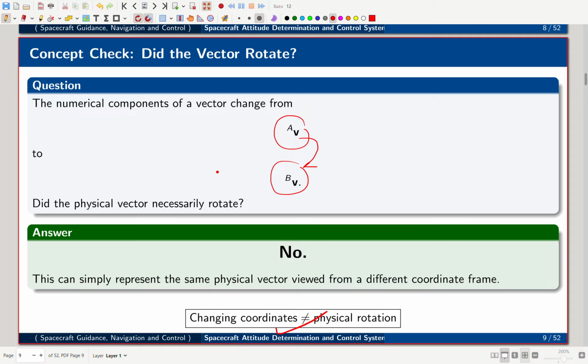We want to understand the subsystems involved in this ADCS, and most of the components, meaning subsystems, of course have different frames. So changing the coordinates doesn't mean there is a physical rotation.